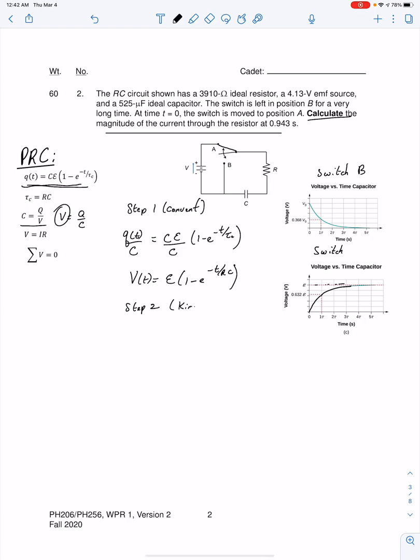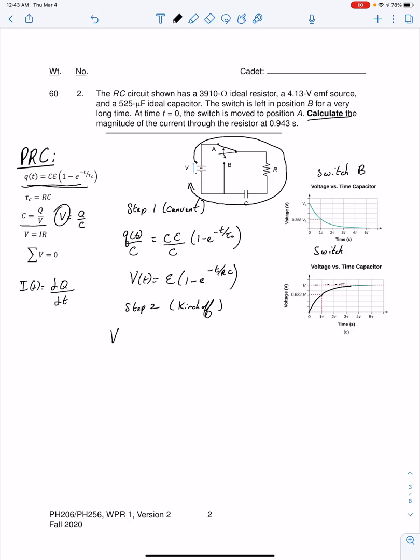We could derive, because current over time is equal to the derivative of charge over time, then we could definitely do that if you want to derive. But I usually use this method because I am trying to avoid you deriving, because I know how much you hate it.